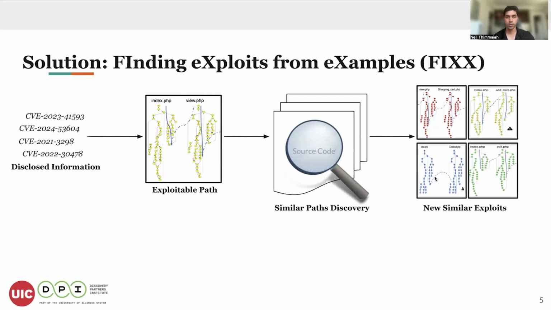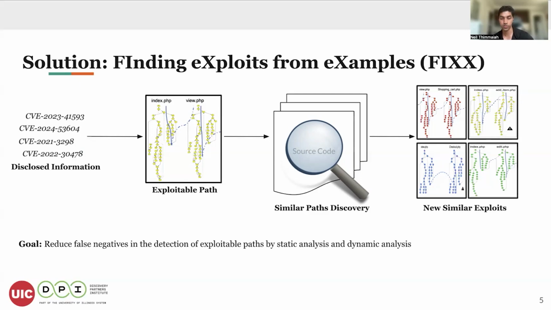Which jumps into our main solution, where we present our approach FIXX, where we ask: using the information present in the CVE, are we able to detect all possible instances of the vulnerability path that's present in that single CVE itself? So rather than focusing on finding new zero-day exploits, our goal would be to reduce false positives in the detection of the paths by the current approaches and discover every possible instance of an exploitable path.